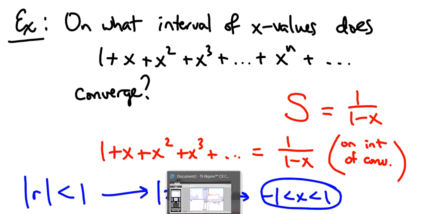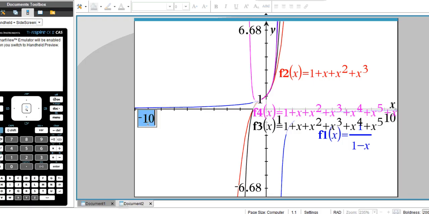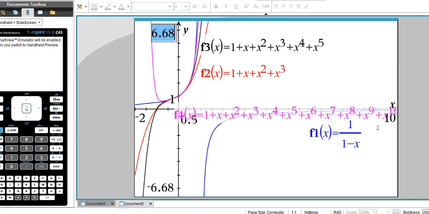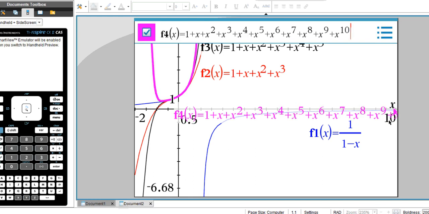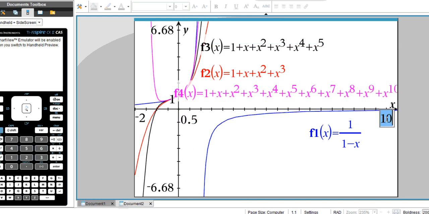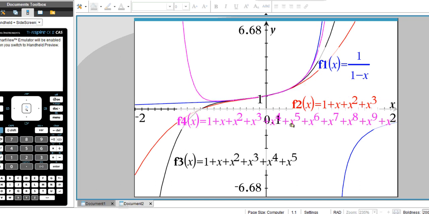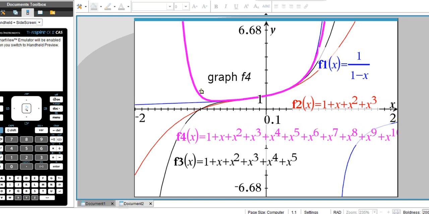So if we were to narrow things down and take a look in the window, we would see that between -1 and 1, the more terms you add on, the closer you get to the blue curve. The blue curve is the limit of all of the other curves as we add more and more terms.